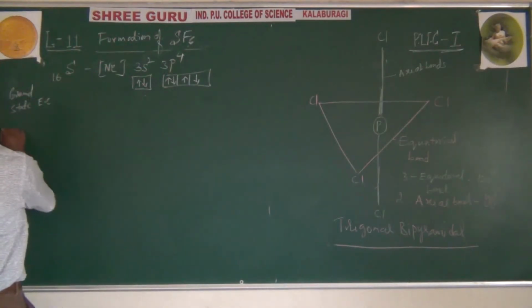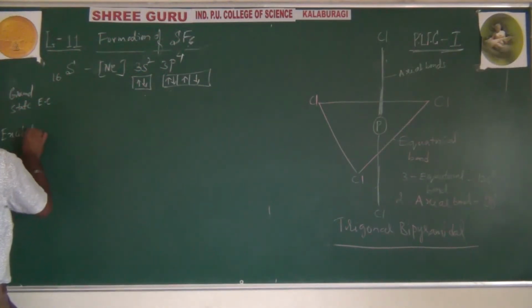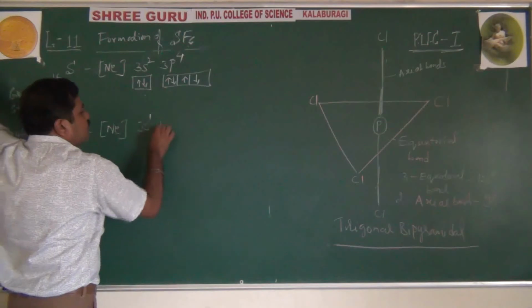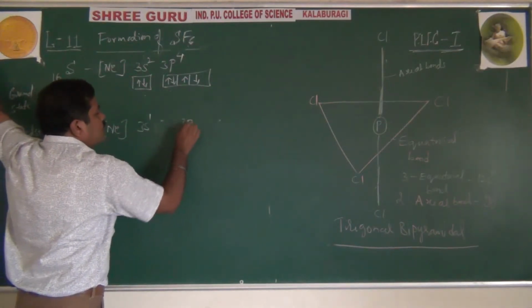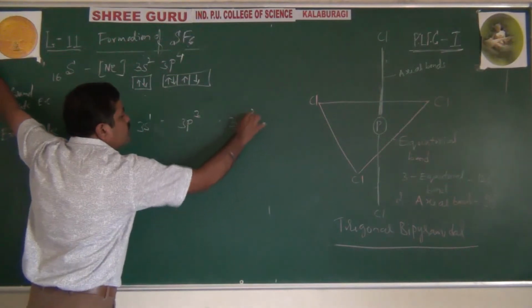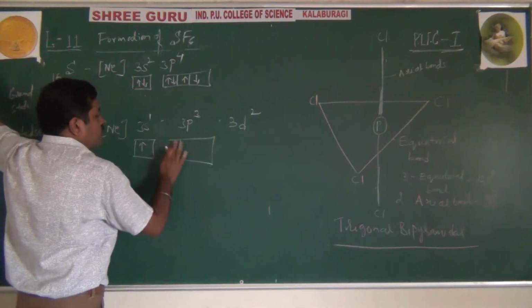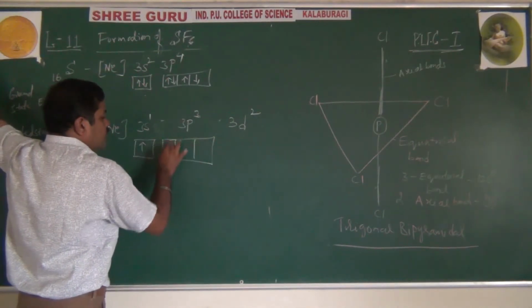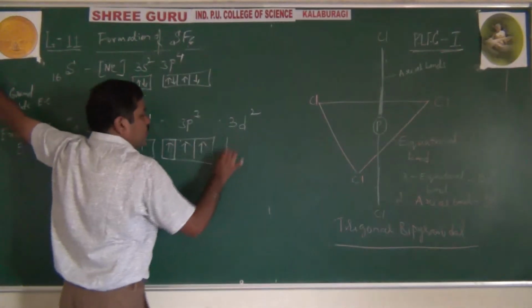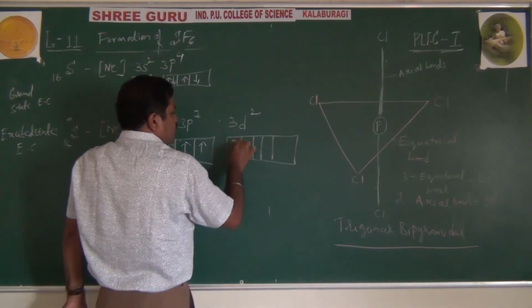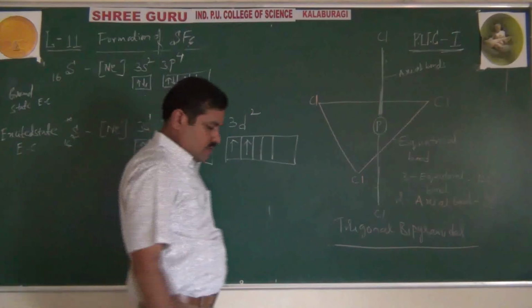So the excited state electronic configuration of sulfur is neon 3s1, 3p3, 1, 2, 3, and 3d2, 1, 2, 3, 4, 5, 6.